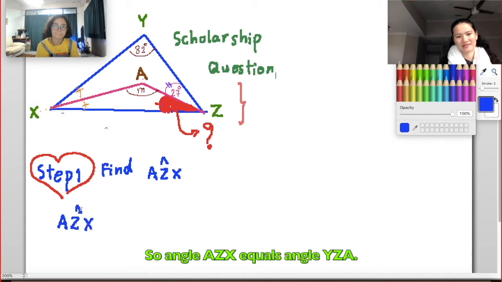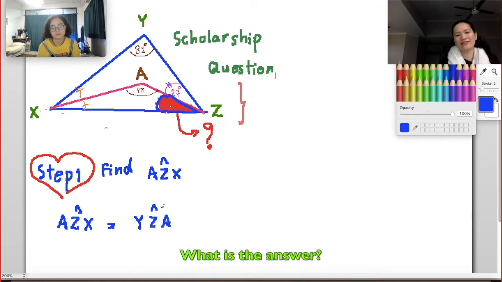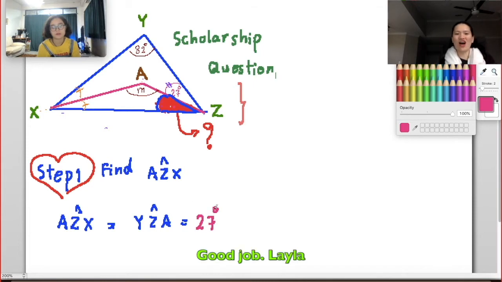ACX, the one that we would like to find, equals YCA. So what is the answer, please? 27. Yes, 27. Good job, Leila.